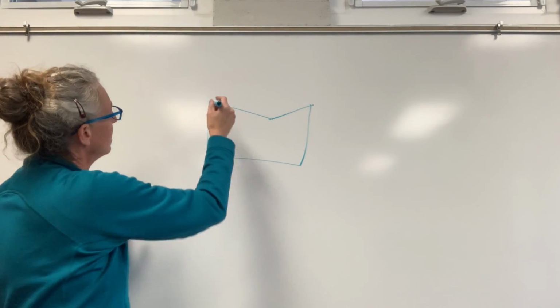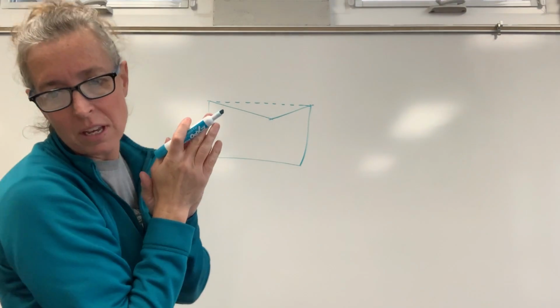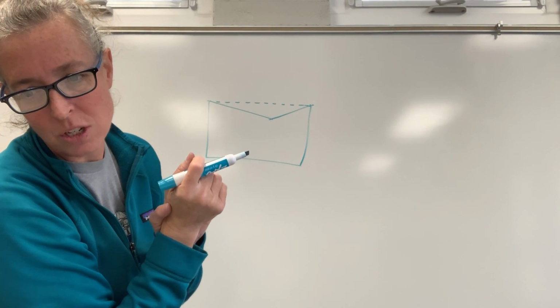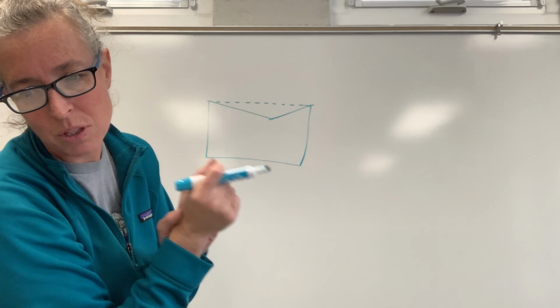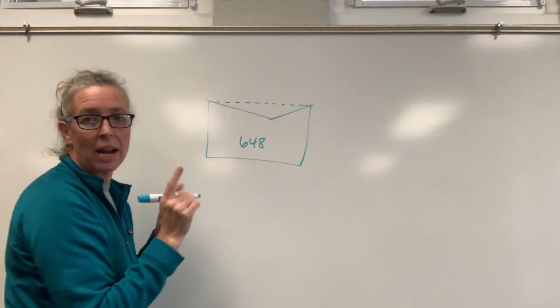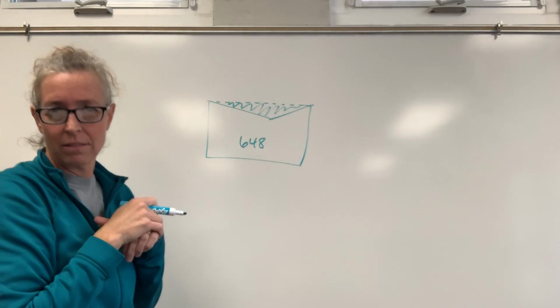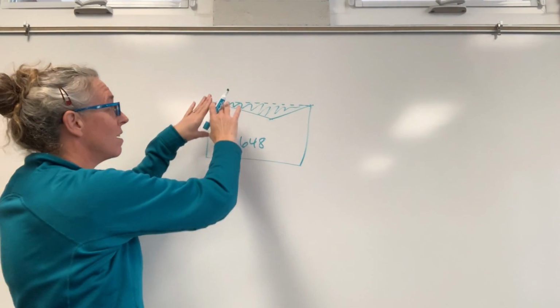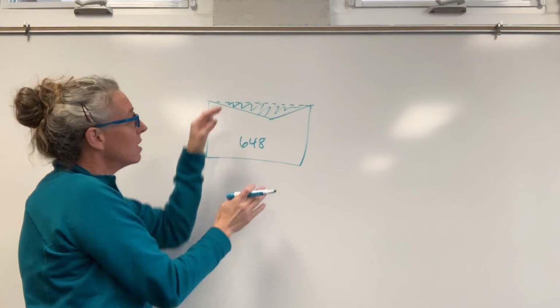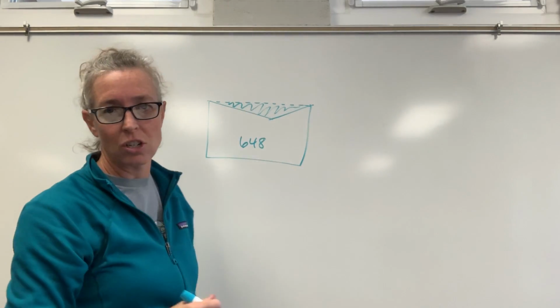So what I do is I find the area of the entire thing, which is just a base times height situation. So 18 times 36, which is 648. And then I subtract this area from that. Okay, so find the area of the entire shaded region, subtract the white part, and you'll be left with the total that they're actually looking for.